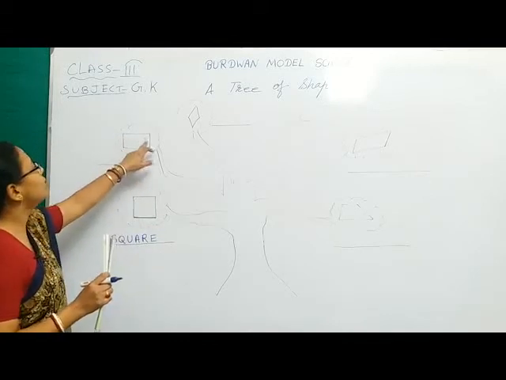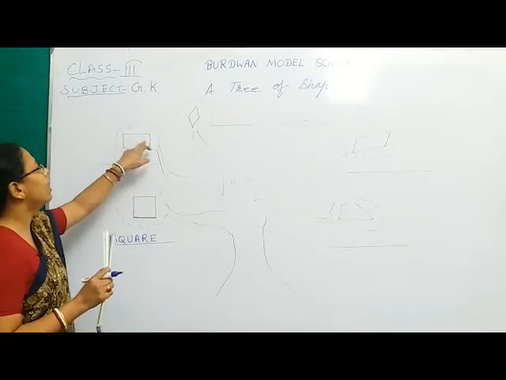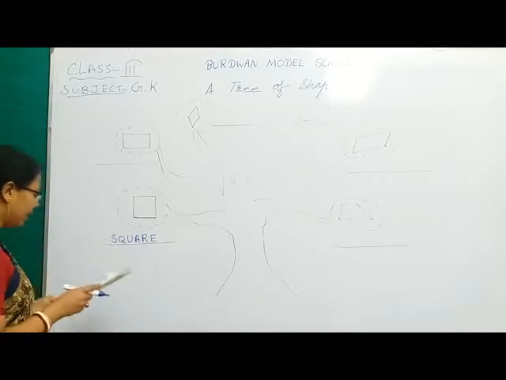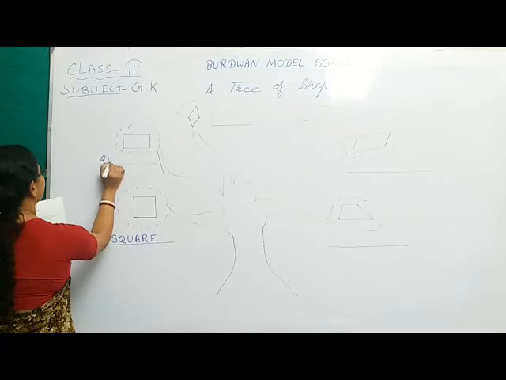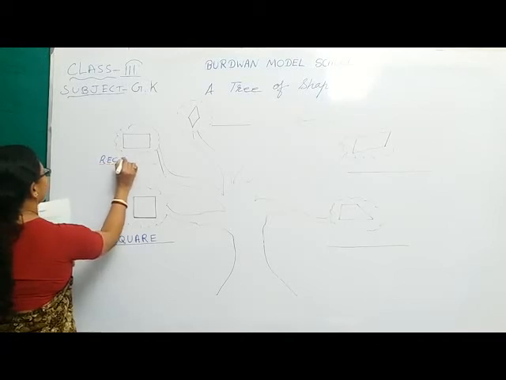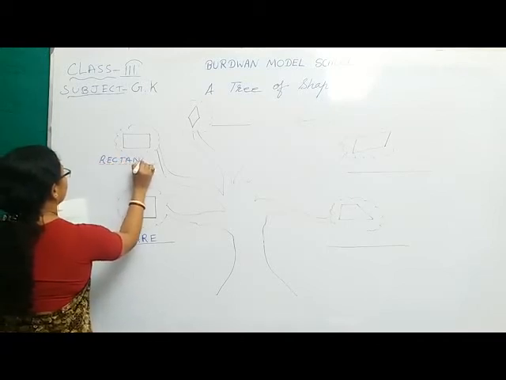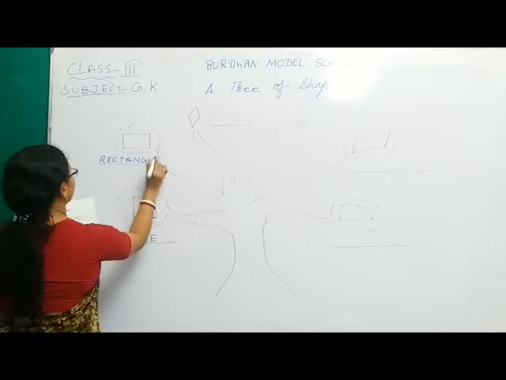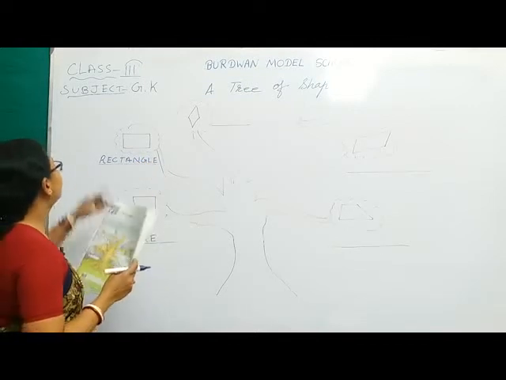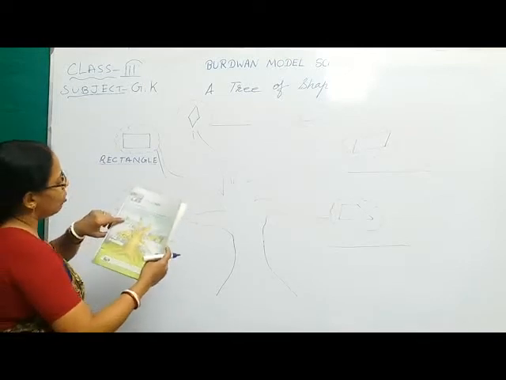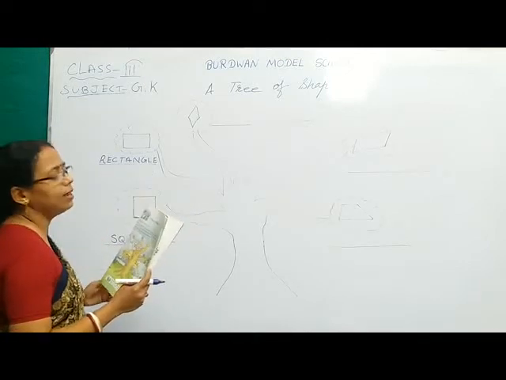Next is opposite sides are equal and the name of the shape is exactly rectangle. So here is the word rectangle. Our first letter in the red box and rest of the letters in other boxes.